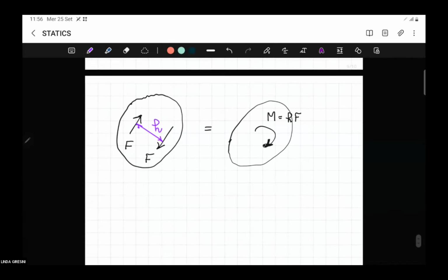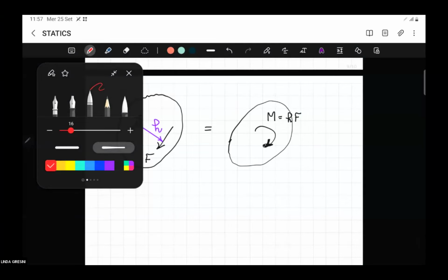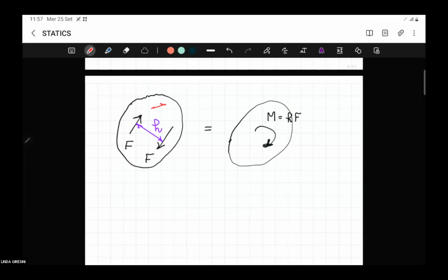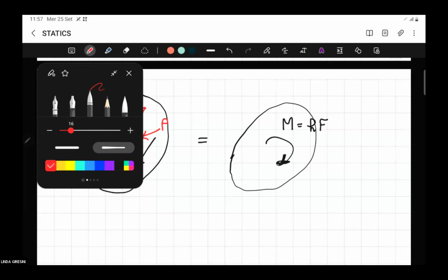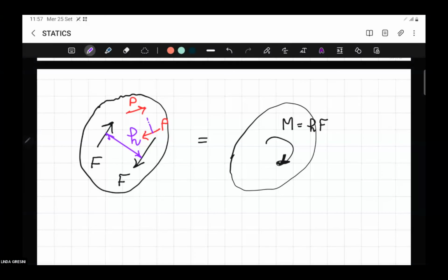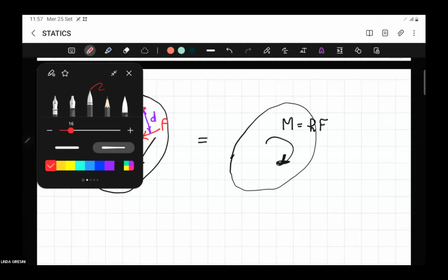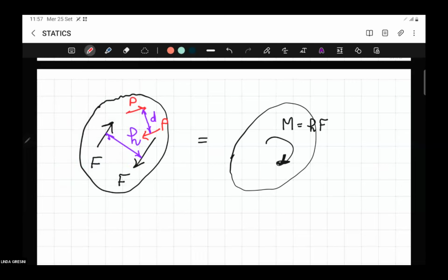Of course, for example, in the same body, you can have other forces, like, for example, this force P and P, which have a distance of maybe, let's say, D. So you'll have another moment, which can be translated, for example, here, which is MP.